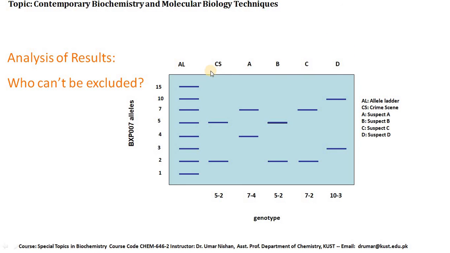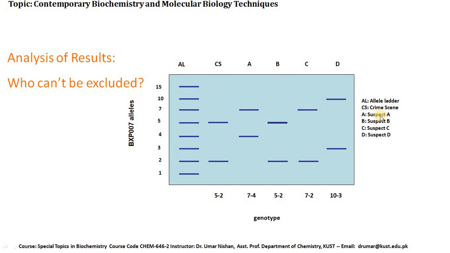This is the standard, and now these are the allele ladder. This is the one that was collected from the crime scene, the CS. When it was run on the gel, it gives us these two bands.